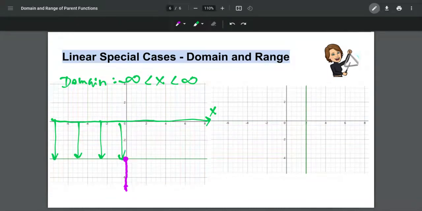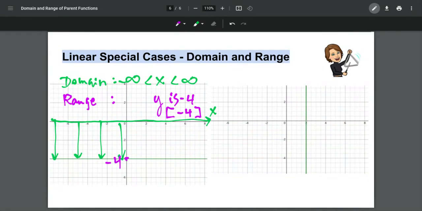So that means my range consists of exactly one y value, okay? And who's the lucky winner? It's -4. So here's how you do it. You can put it in brackets if you want to. That's your range. Nothing else you can do. Why? Because this is the only value at -4 that produces anything, input-output wise.